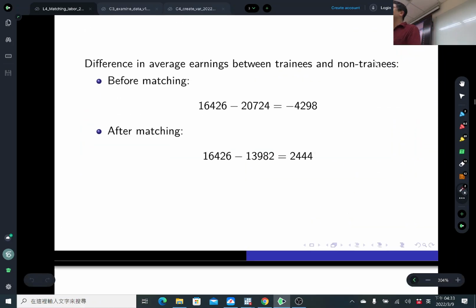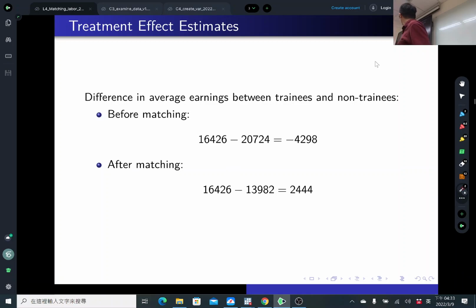The only difference between the treatment and control group is, we assume, just age in this case, but in reality, maybe not. Maybe they are very, very different.